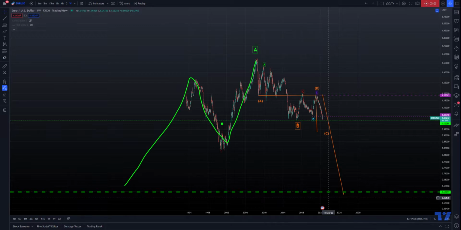So if you've been looking at my Dow Jones analysis, right, that's also had a bit of a change over time to then now come to the conclusion that that pattern's not over yet, right? Because it goes hand in hand. If this was really to go down that hard, then I would definitely say that we're looking at a depression style move down in equities and cryptos even, right?